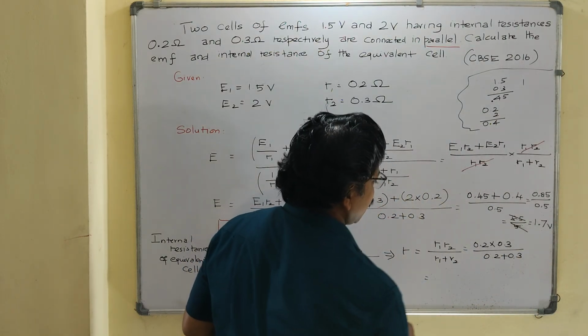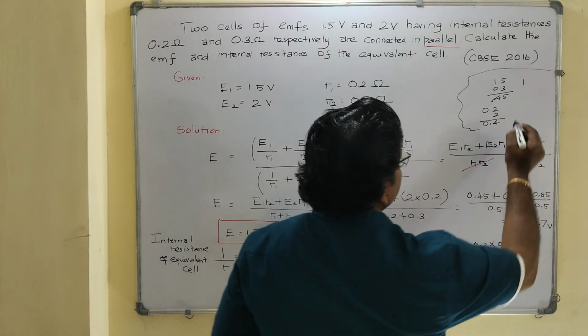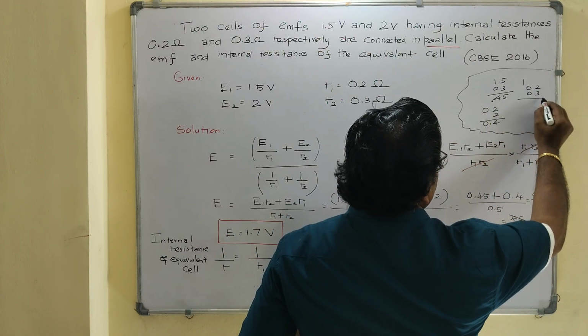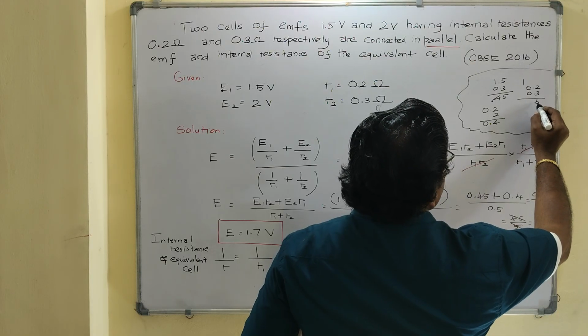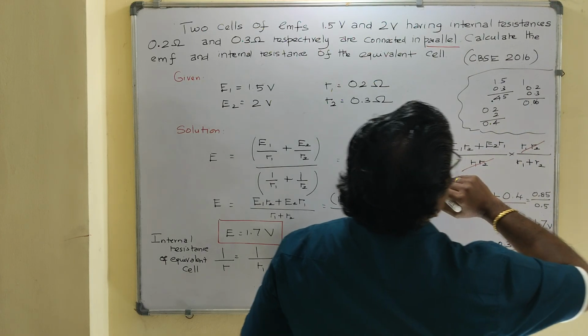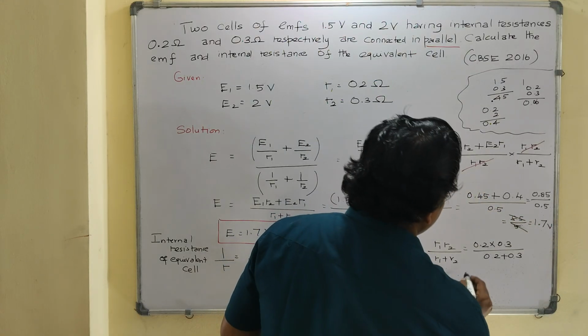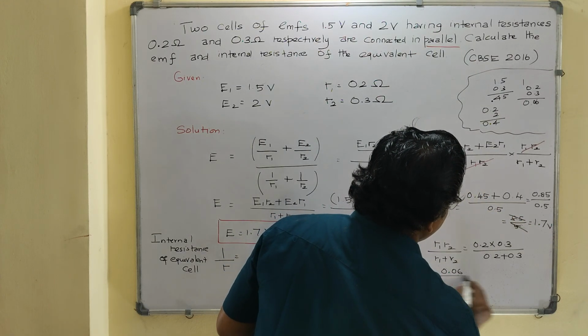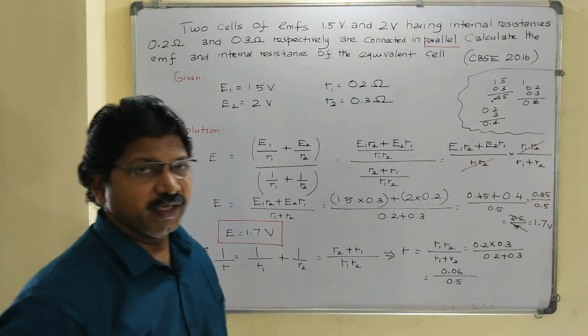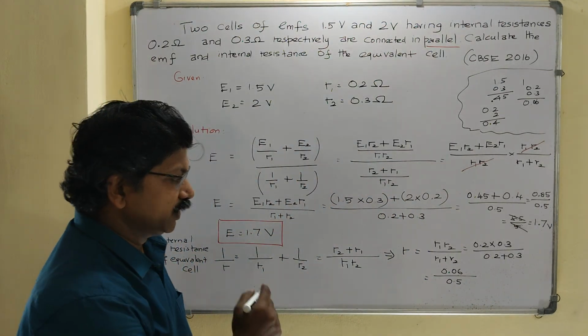So how to calculate R? 0.2 into 0.3, 2 into 3 is 6, so 0.06, divided by 0.5. How to divide that?